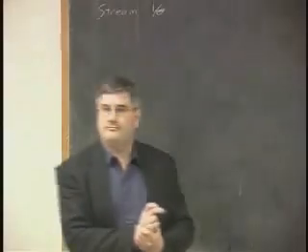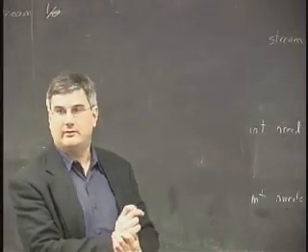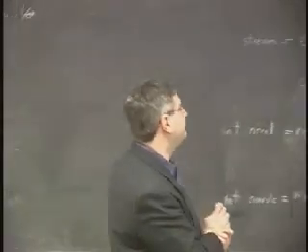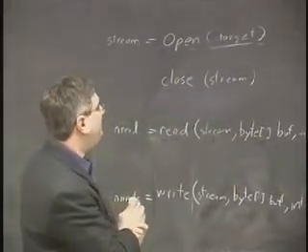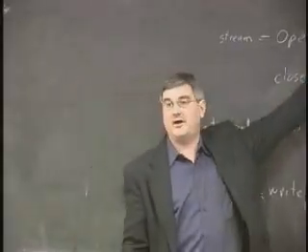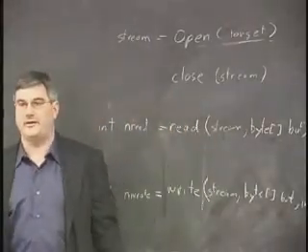Yes? But where do you specify what you want to do with this stream that is going to check whether you have write or read permission? Because here you are just giving it a target and you don't mention what you want to do with it. That's true, and that's a little less general. Sometimes you specify in the open, sometimes you would specify later on.